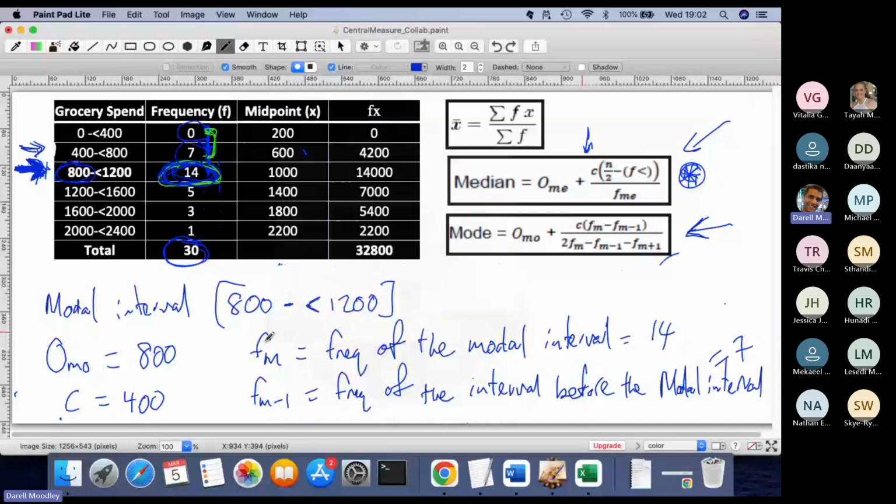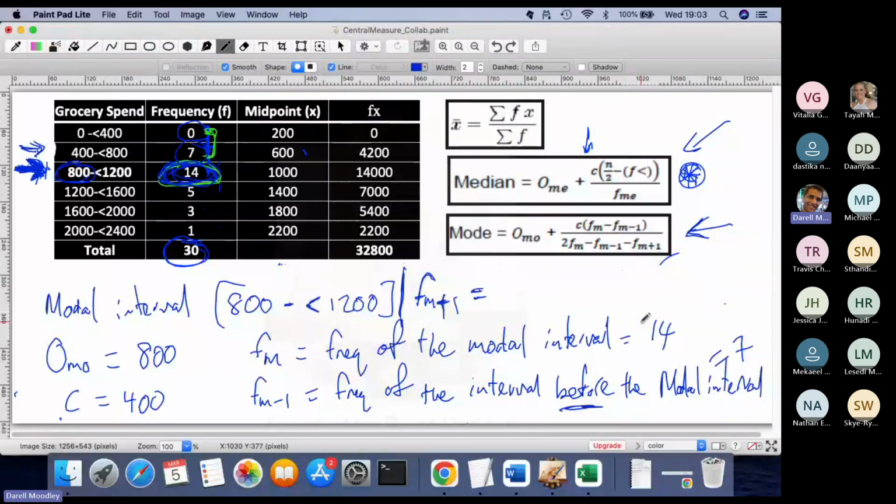Now, if f_m minus 1 is the frequency of the interval before the modal interval, and the keyword is before, then what do you think f_m plus 1 is? You can write that number in the chat. What do you think that value is for this f_m plus 1?